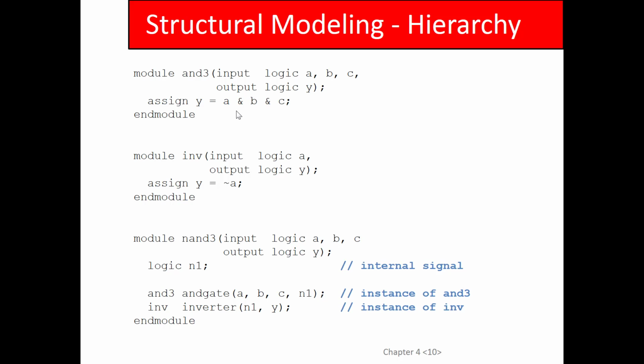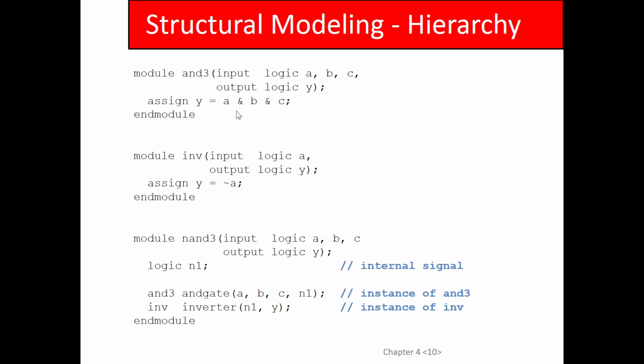And this is actually more common if you're looking at any legacy code. Instead of connecting the inputs and outputs according to their order, you explicitly connect them by saying dot, and then you give the formal name as listed in the declared module. And then in parentheses, you give it the actual signal name that you want to connect to it. This is much easier to read.